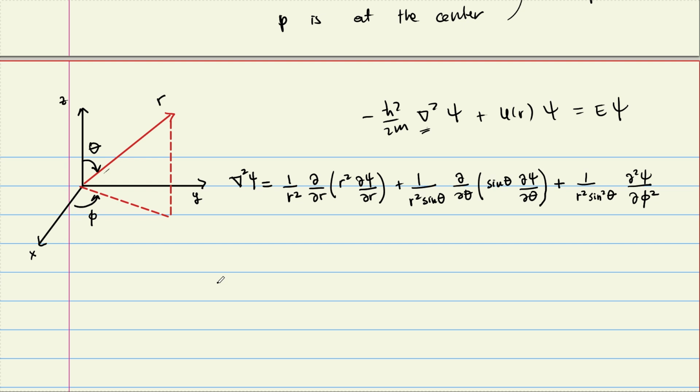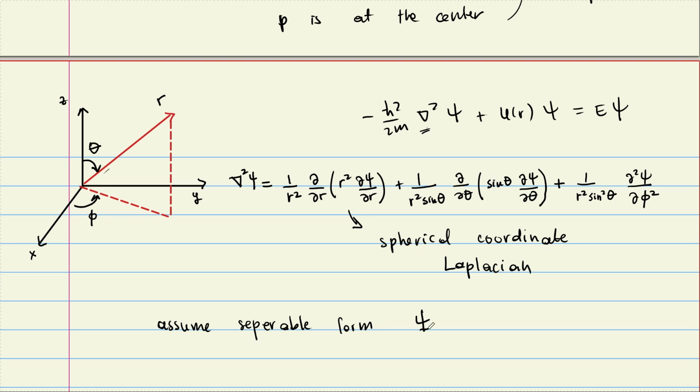Maybe I just advertise what's going to happen and then finish it there. So this is the nabla in spherical coordinates, the spherical coordinate Laplacian. And we are going to assume, again, a separable form.